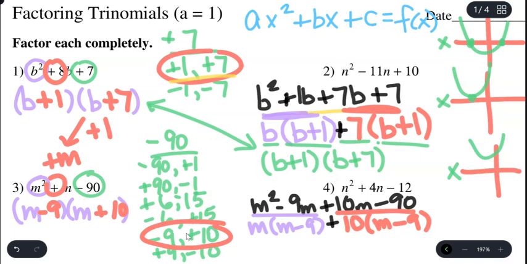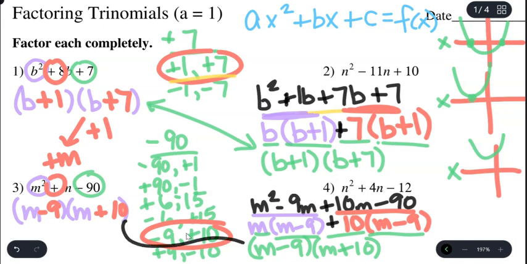For the finish, I'm going to use the greatest common factor again. Both of these have an m minus 9, so I can factor out m minus 9, and that leaves me with m plus 10. Once again, you can see how these are exactly the same.